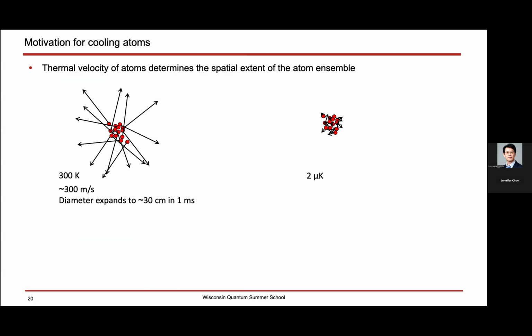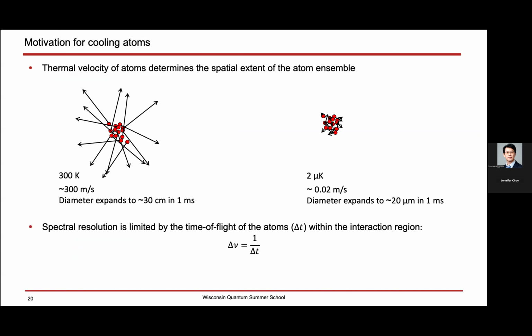Whereas if you think about the atoms as starting very cold, let's say just a few microkelvin, then the speed of these atoms is about 0.2 meters per second, 2 centimeters per second. And in a millisecond, the diameter only expands to about 20 microns. So that likely is still within the size of your laser beam, right? And the atoms are still within observable range after this movement.